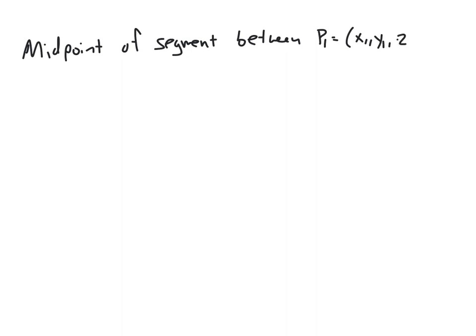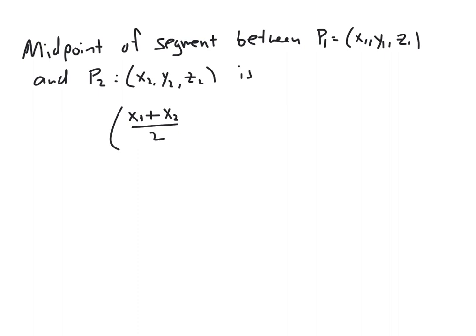So the midpoint of the segment between a point P1, which will be (x1, y1, z1), and P2, which will be naturally (x2, y2, z2), will be given by the point ((x1 + x2)/2, (y1 + y2)/2, (z1 + z2)/2).